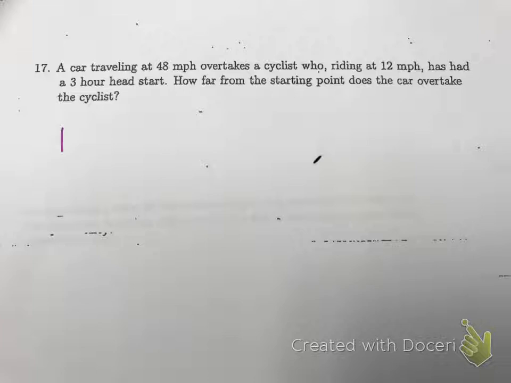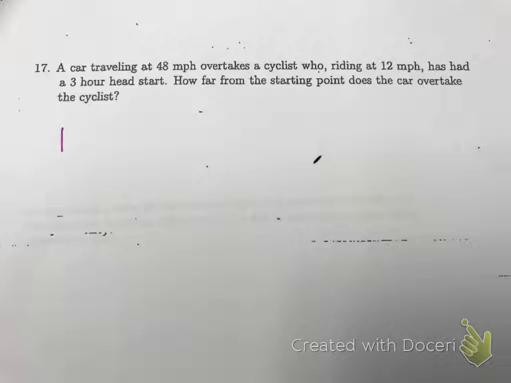number 17. I have a car traveling at 48 miles an hour that overtakes a cyclist who's riding at 12 miles an hour, and the cyclist had a 3-hour head start. It wants to know how far from the starting point is the cyclist when the car overtakes it.